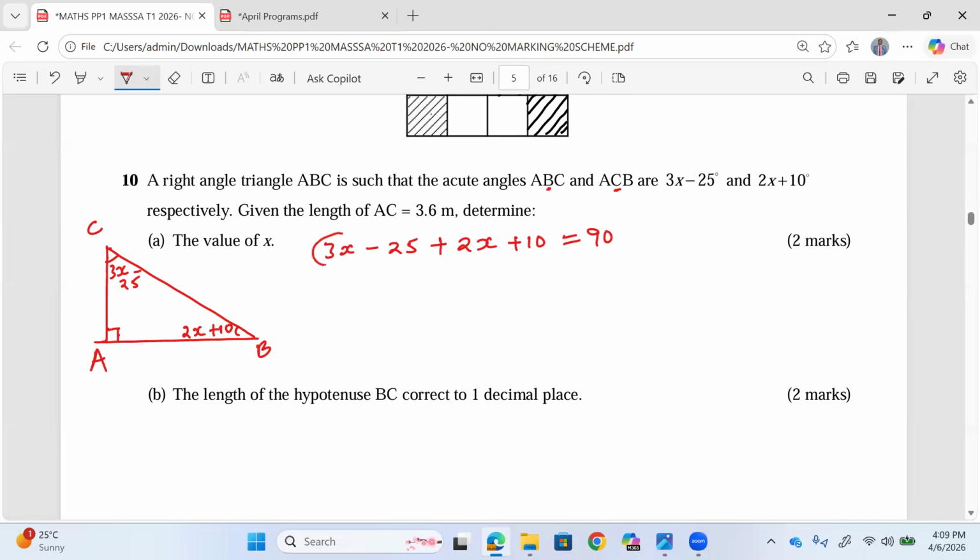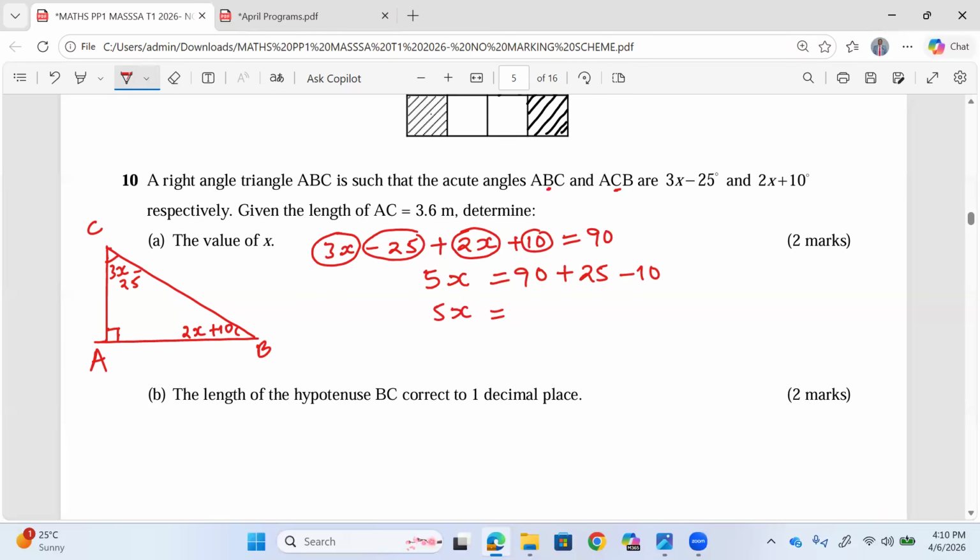Grouping terms together, 3x and 2x gives us 5x. Negative 25 becomes positive on this side. Positive 10 becomes negative on the right-hand side. 5x equals 90 plus 25 minus 10.